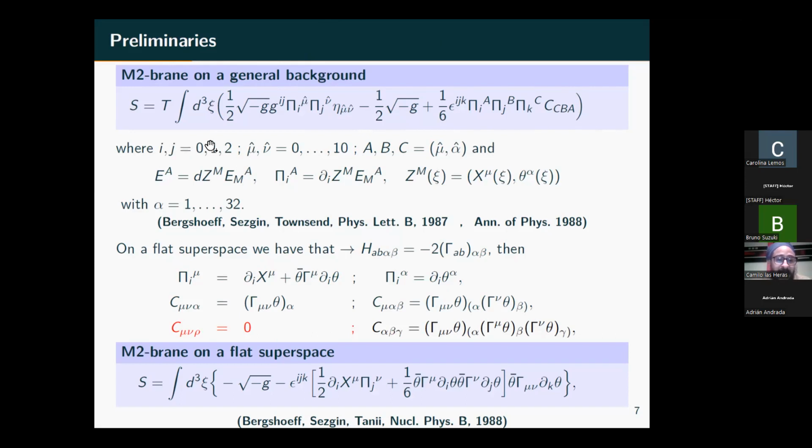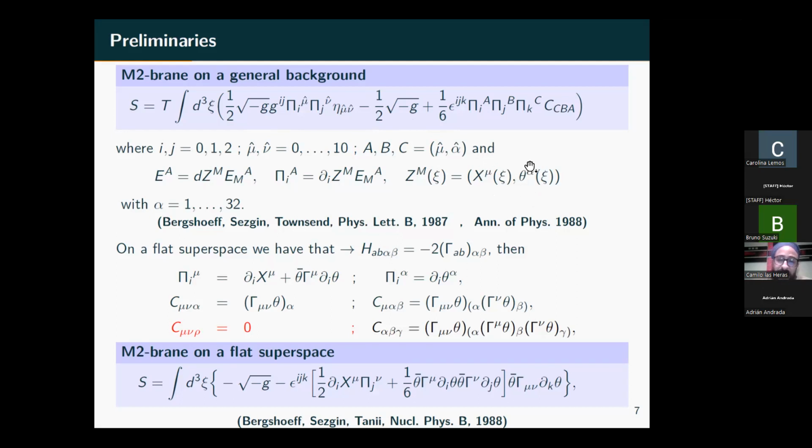I and J are indices of the worldvolume of the M2 brane. These are the indices of the target space. These are the indices of the superspace, which has the tangent superspace, with bosonic and fermionic indices. We have the super one-forms written in terms of the superspace coordinates, which have the bosonic and the fermionic ones.